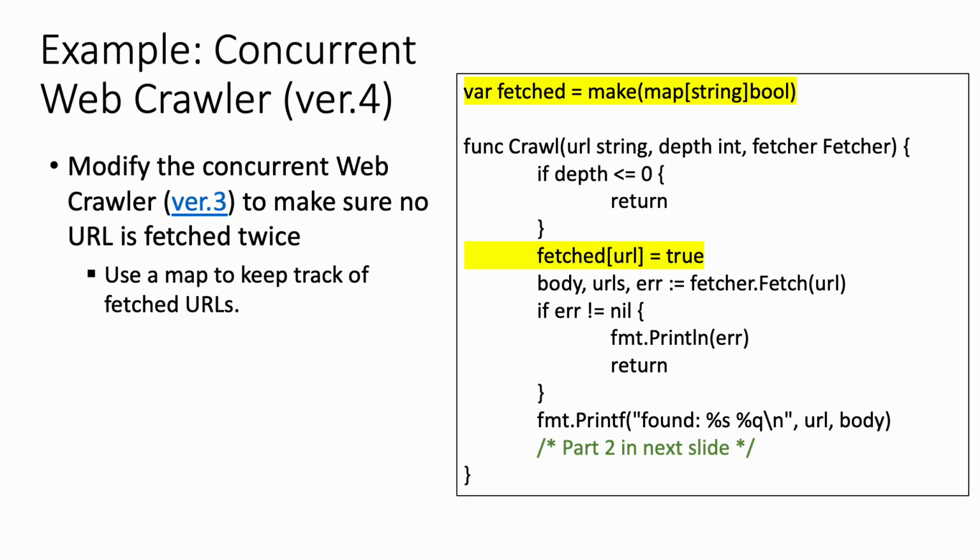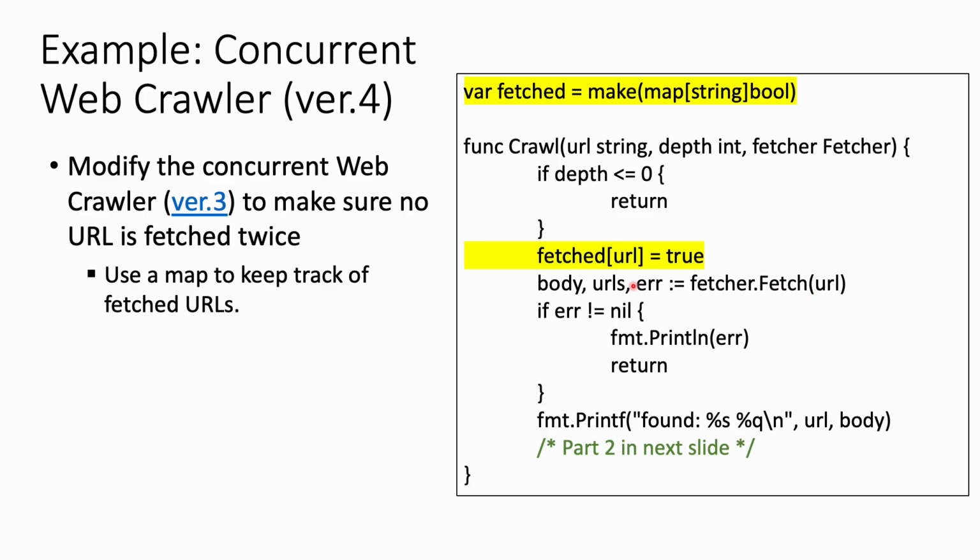As another example, we modify the concurrent web crawler version 3 to make sure no URL is fetched twice. Recall that a web crawler program simply calls a function crawl, passing as arguments a starting URL, a maximal depth of exploring, and a fetcher. To fetch a URL, we call function fetch of a fetcher with the URL as argument.